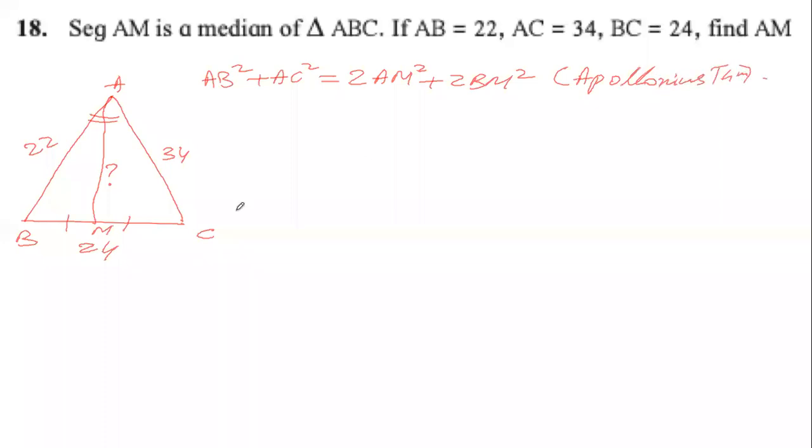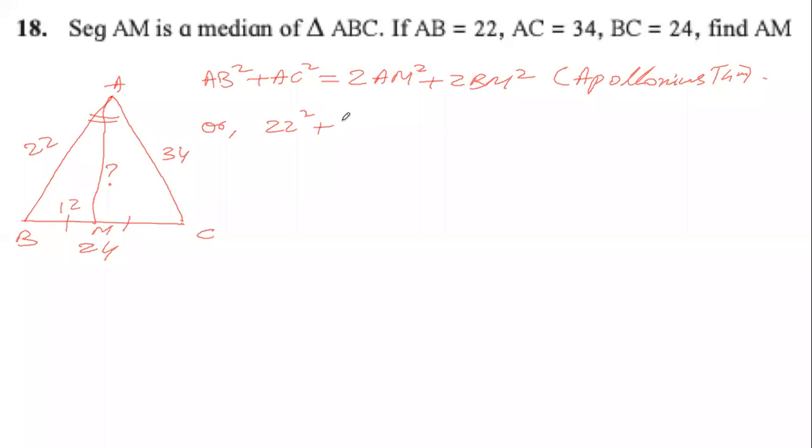Now, second step. Who can tell me what is the length of BM? Calculate and tell. 12. Okay. Now, if we know that BM is 12, help me write the next line for this equation. In place of AB square, what shall we write? 22 square. Correct.